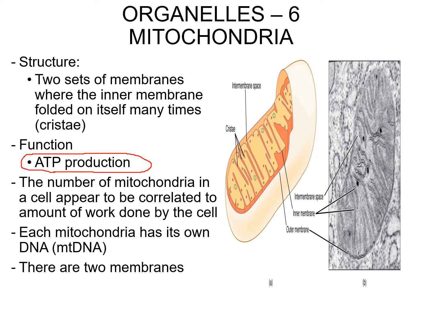Another unique characteristic of mitochondria is they actually have their own set of DNA, their own set of genetic material, which is really interesting to think about. Believe it or not, depending on what research you read, most of this mitochondrial DNA comes exclusively from your mom.